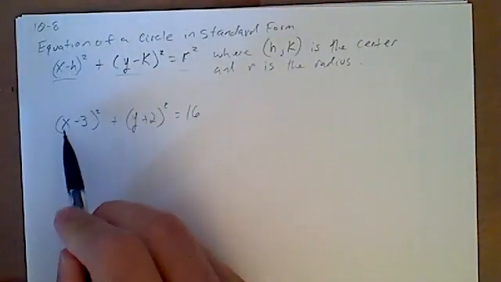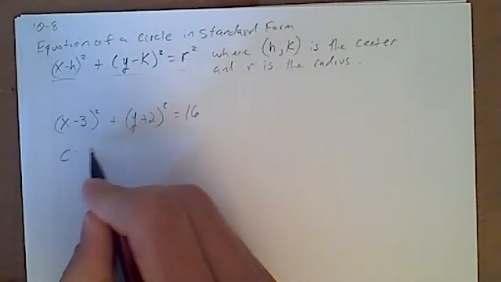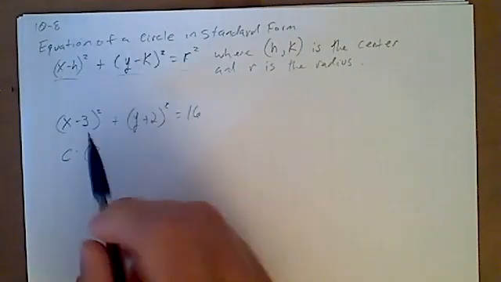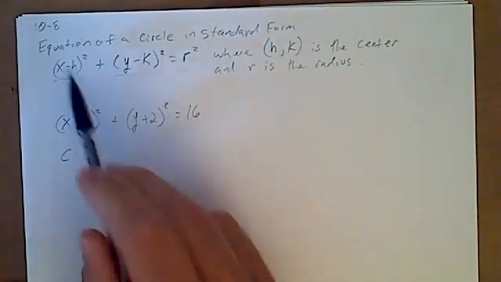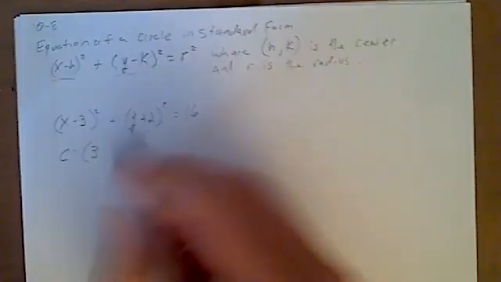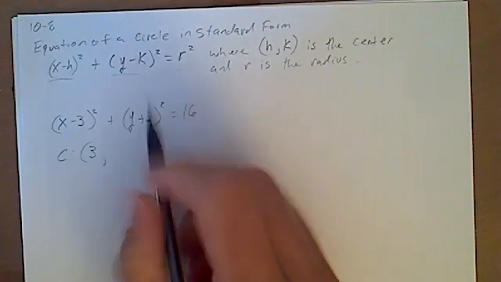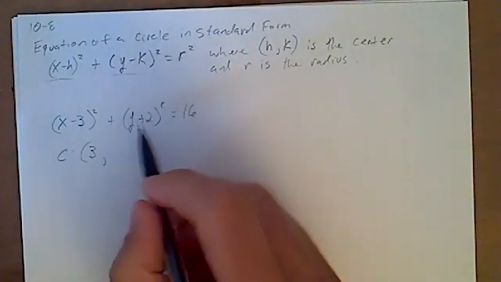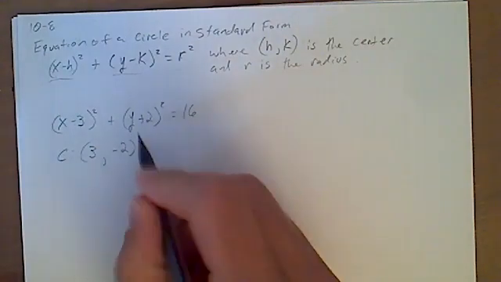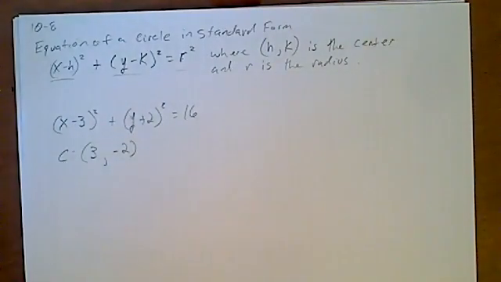We have x minus 3, so h is positive 3, not negative 3. For y, we have plus 2, but we want y minus k, so k must be negative in order to make it y plus 2. So our center is at (3, negative 2).